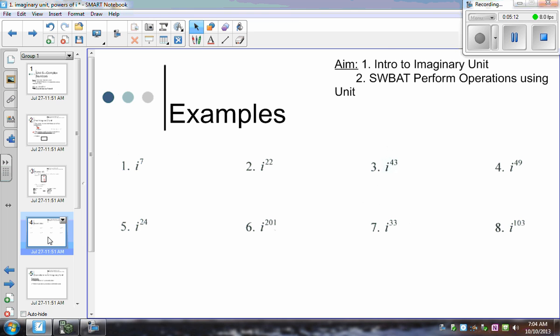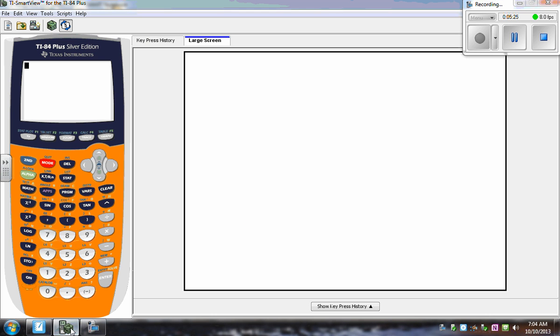So if we wanted to calculate i to the 7th, as we said, all these questions here simplify down to one of four answers: 1, i, -1, or -i. To do that, we're just going to use the calculator.